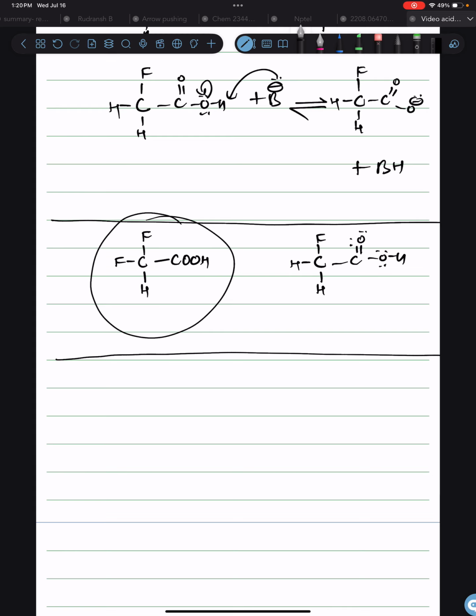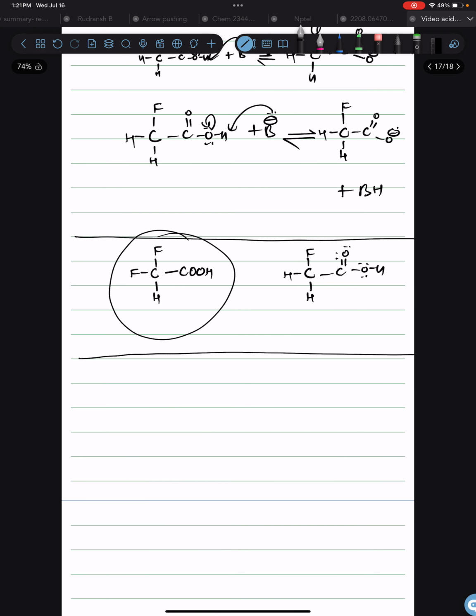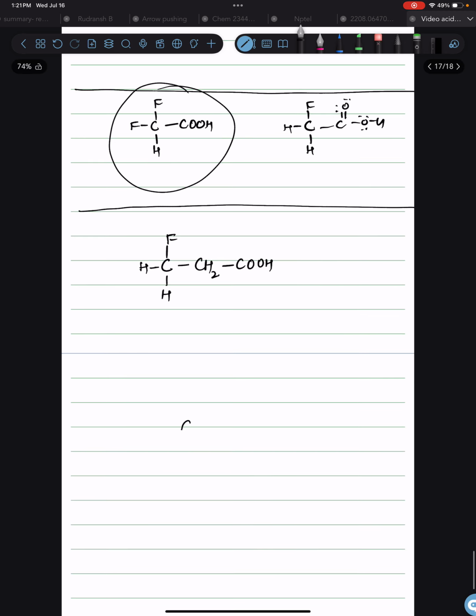Third is the distance. So suppose I have monofluoroacetic acid, or I would say propanoic acid, and I have to compare this with monofluoropropanoic acid where the fluorine is next to the carboxylate group.